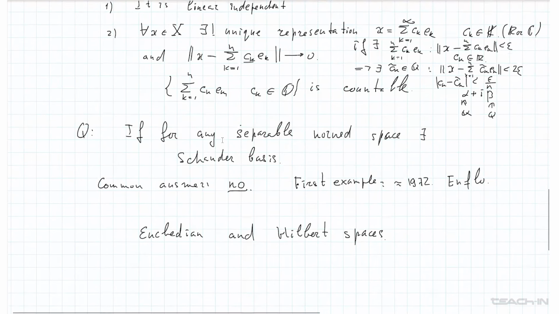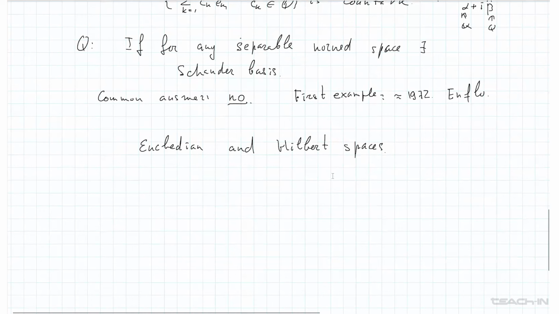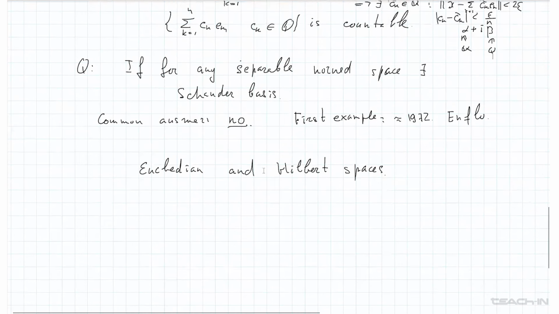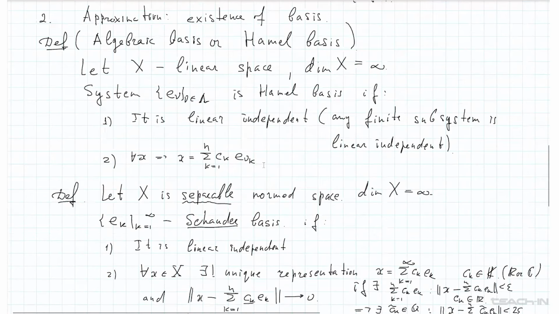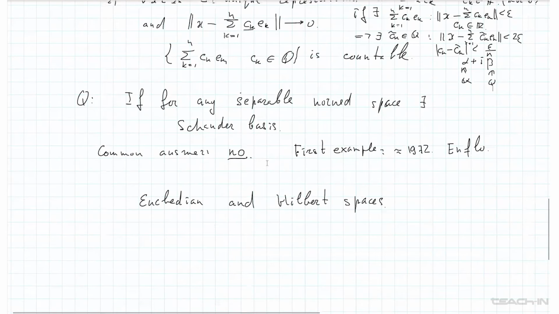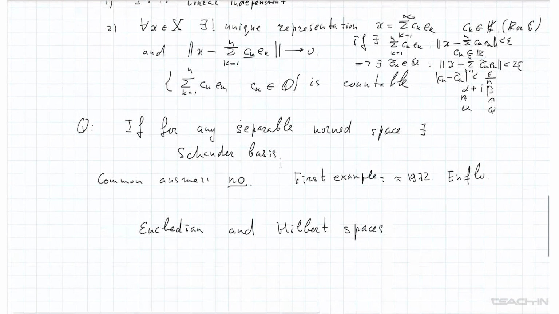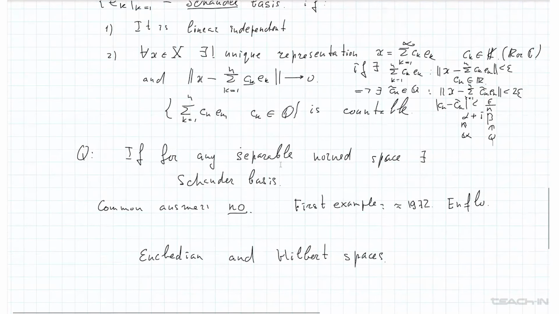So we consider Euclidean and Hilbert spaces, and we show that for all these questions, for Hilbert space the answer will be positive. We construct the closed complement and we construct bases.